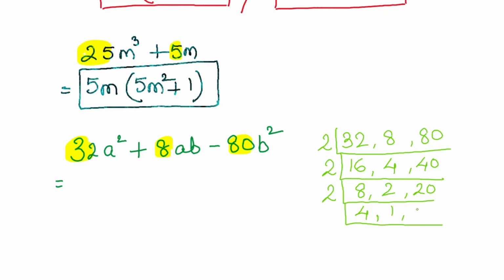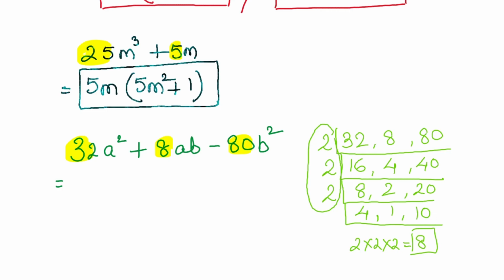And 20 divided by 2 is 10. So you can see now all the three numbers are not divisible by a common factor. So our greatest common factor is the product of these three numbers, which means 2 times 2 times 2, which is equal to 8. So this is the easiest way to figure out the greatest common factor.